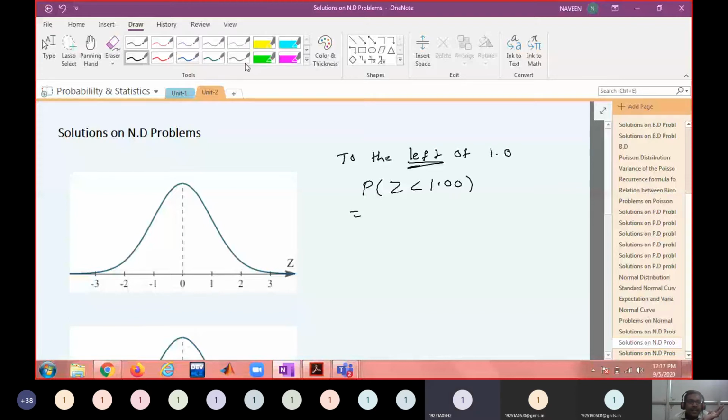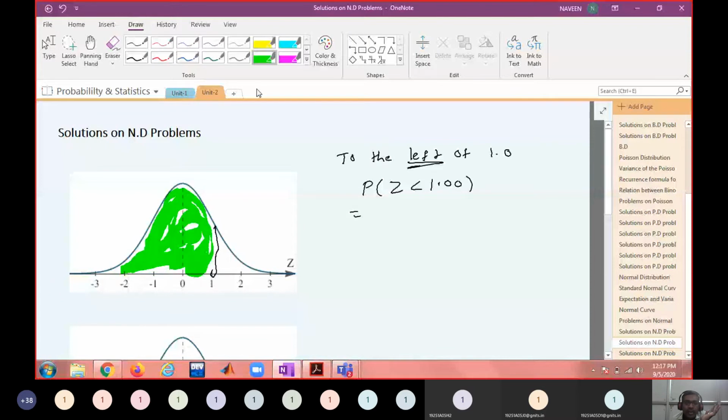So I want this area. Left means this total area. But already half of the area I know. This left half is 0.5. Is that okay?